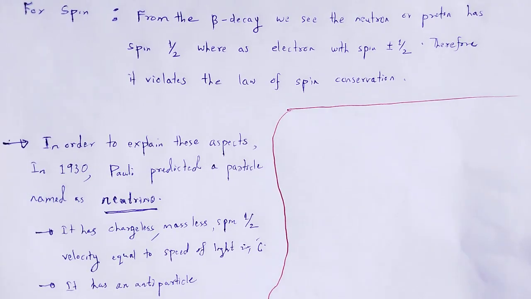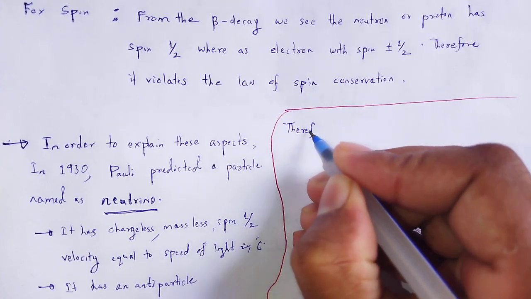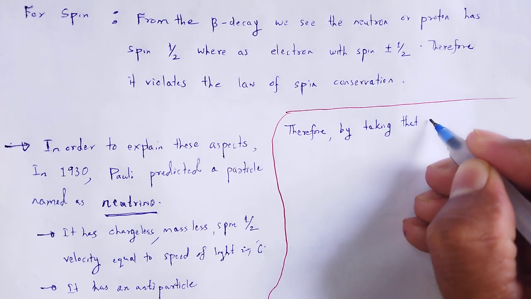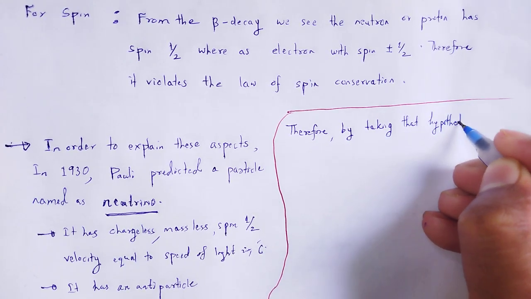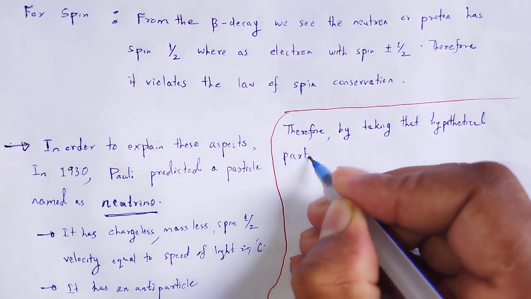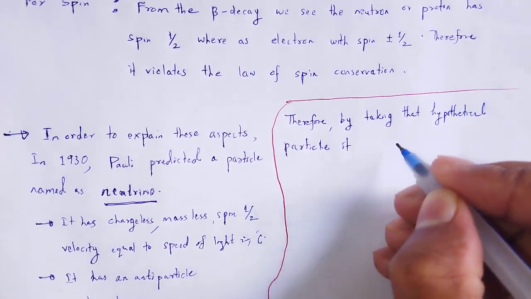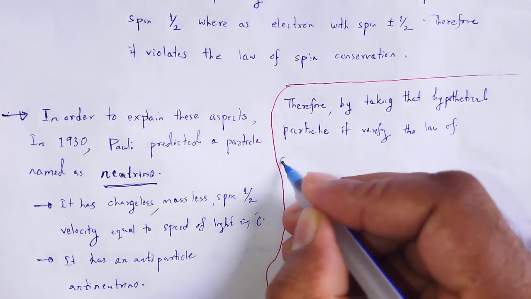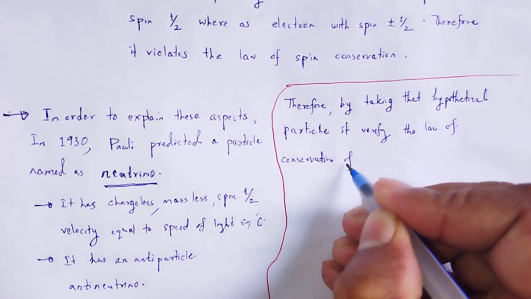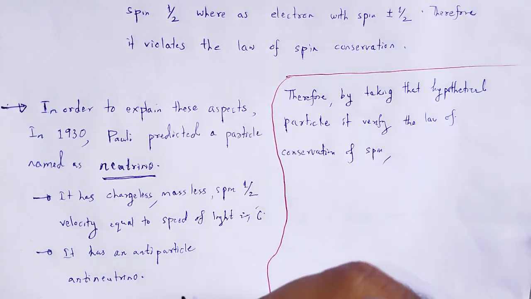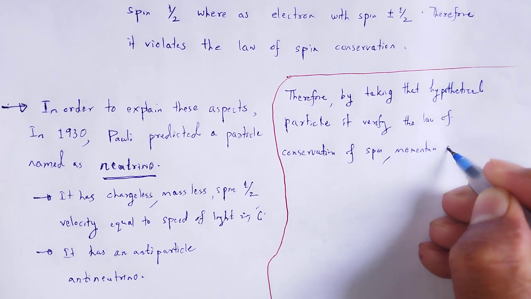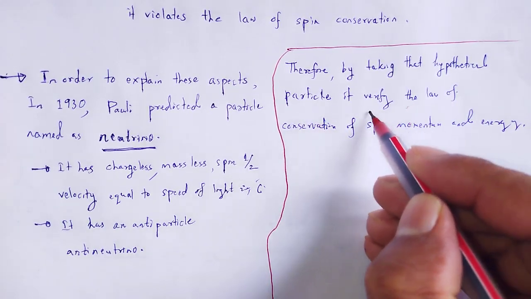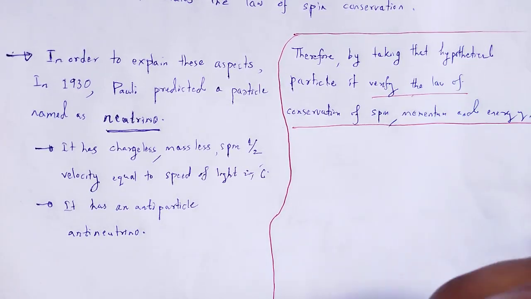Therefore, by taking that hypothetical particle, it verifies the law of conservation of spin, momentum and energy. How are these verified?